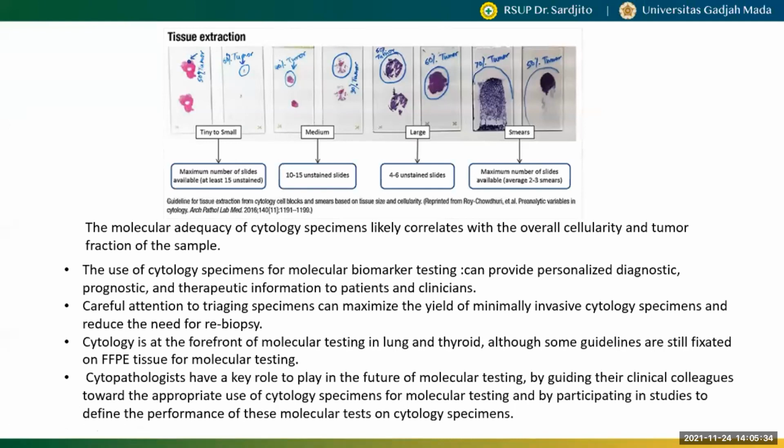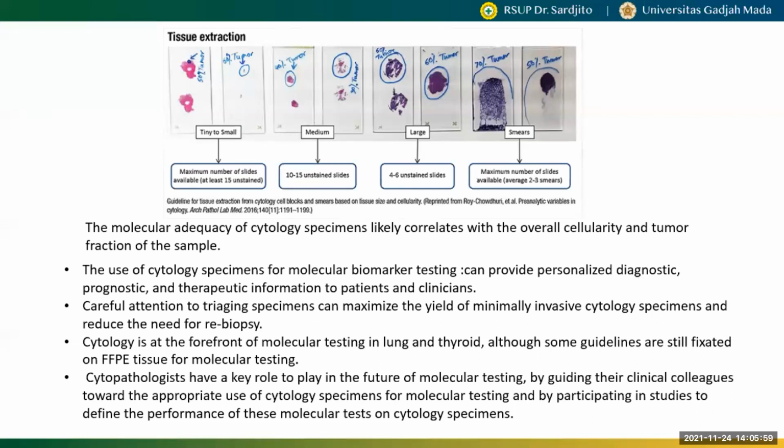So the cells that attach to the slide will be easier to get. And usually you can retain 2 or 3 smears of this type of slides. So the molecular adequacy of the cytology specimens correlates strongly with the overall cellularity of the tumor fraction itself.